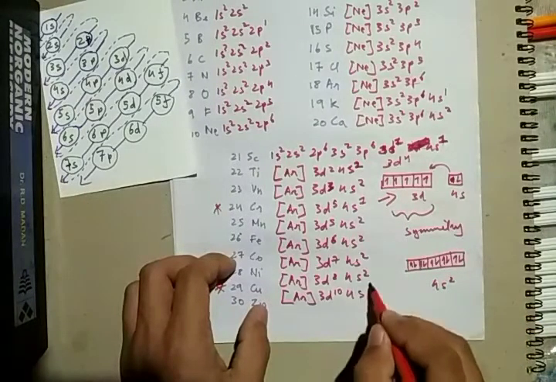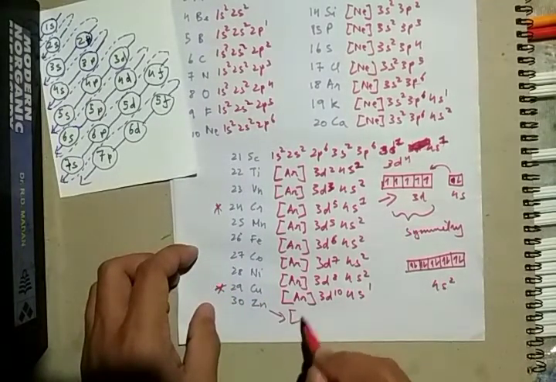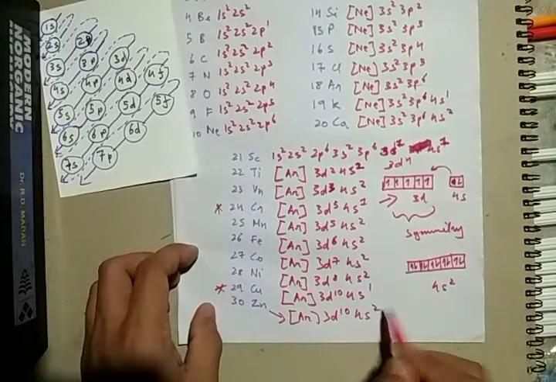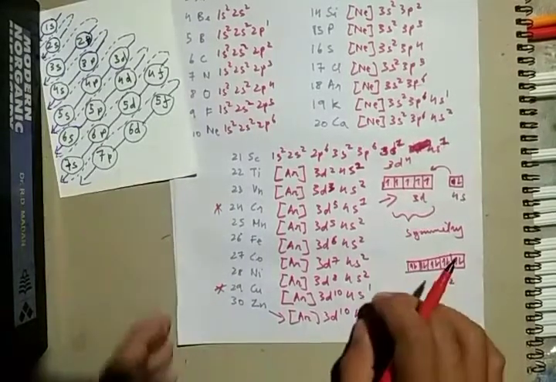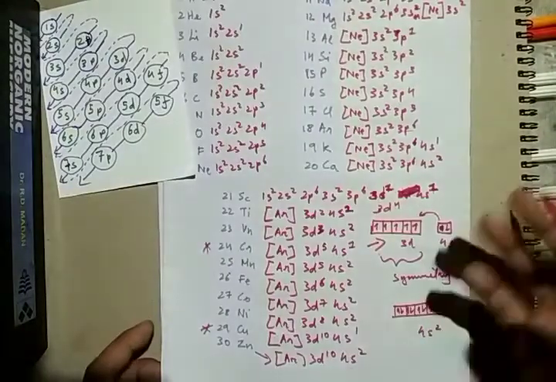This becomes 4s1. Now for zinc, Ar 3d10 4s2. So this is how you fill the electronic configurations.